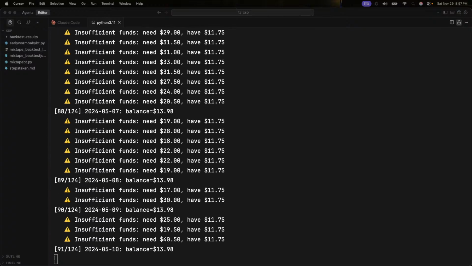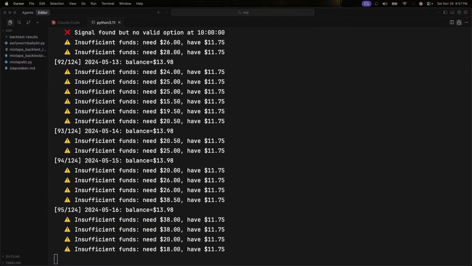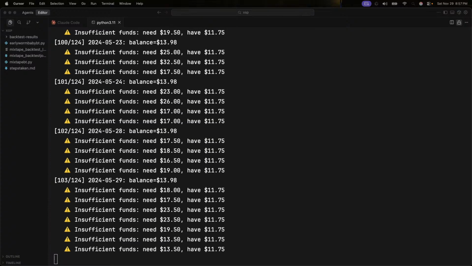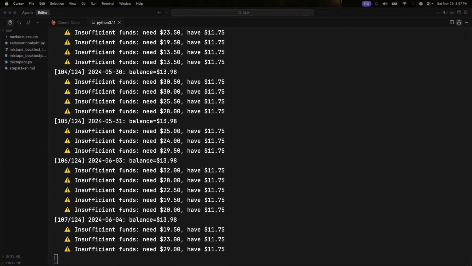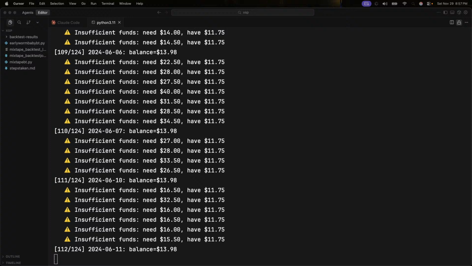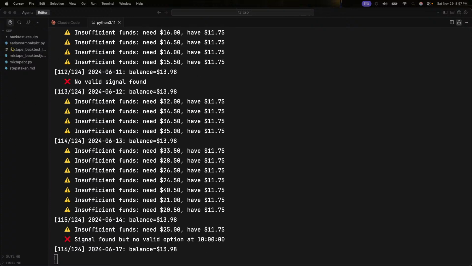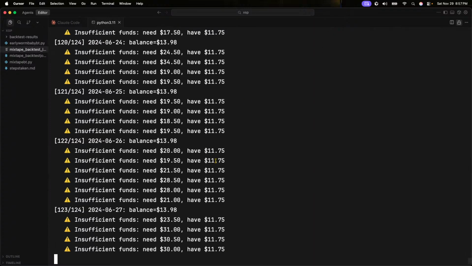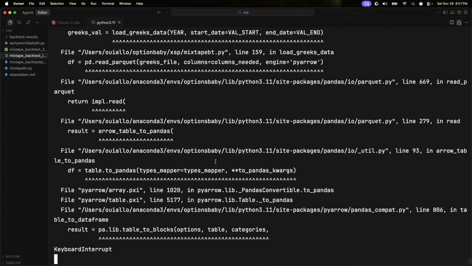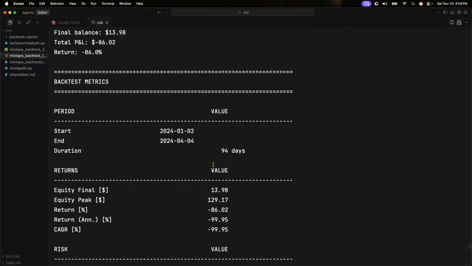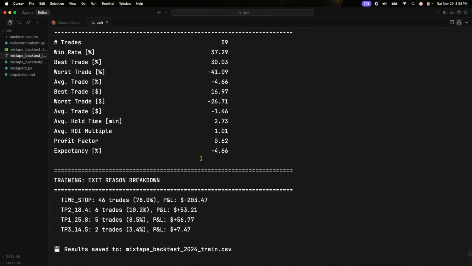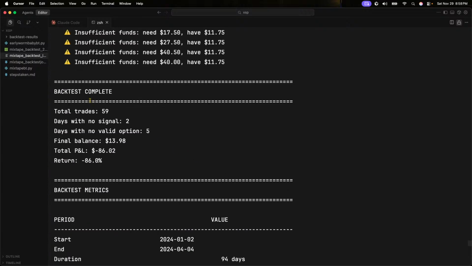It's like $1 away from being able to blow. All right, what I'm gonna do? Let's see if we have this here. Yep, it has everything. Perfect. Oh, it stopped out anyway.